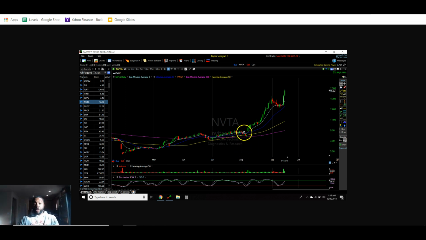As you can see, a little before August and before that, for the past couple of months, this stock's price action has not really had a relationship with the moving averages. It's just pretty much going sideways. We can't judge any pullbacks. We can't use them as support because they're just sliding through each other.